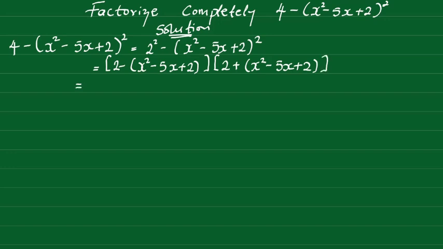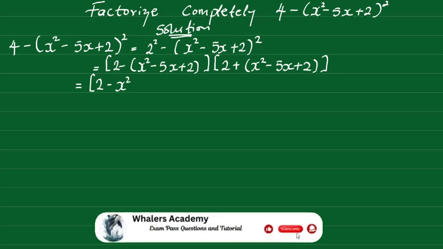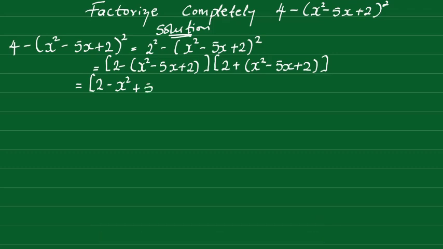Now from our first bracket, we open a bracket, write 2. Minus times x squared gives us minus x squared. Minus times minus 5x gives us plus 5x.